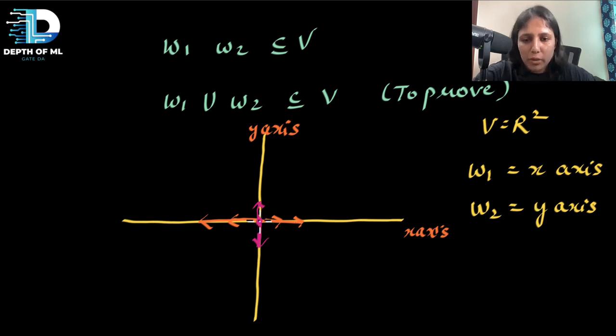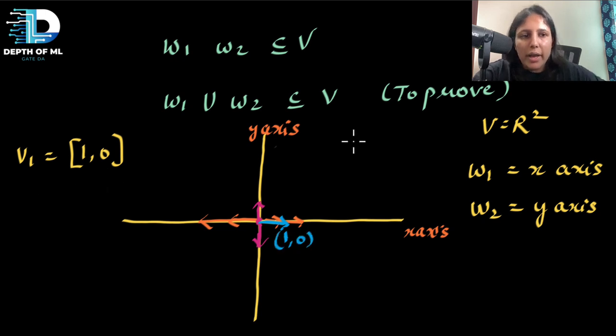So now let's see. Okay, now let me take two vectors. I have a vector V1, so let me take it to be (1, 0). Okay, so this is my vector (1, 0).